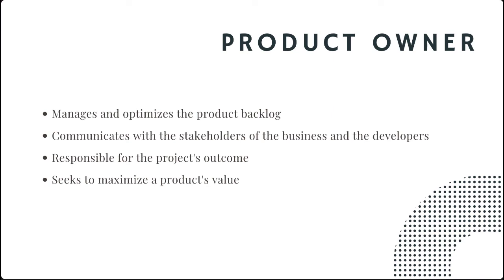And so the product owner needs to be adept in both types of communication so that they can communicate the needs of the business analysts and the stakeholders to the developers, the people who will be designing the project.